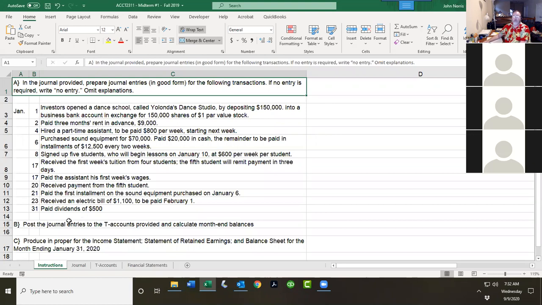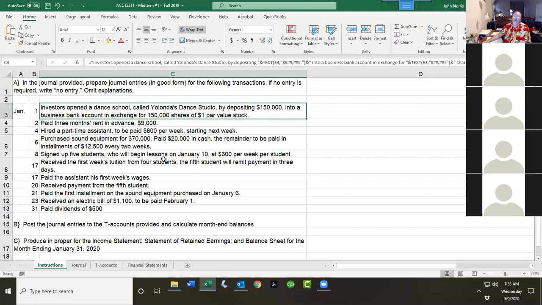Then you're going to post those journal entries to the T accounts and calculate the month-end balances of every T account. And then produce in proper form the income statement, the statement of retained earnings, and the balance sheet for the month ending January 31st, 2020.